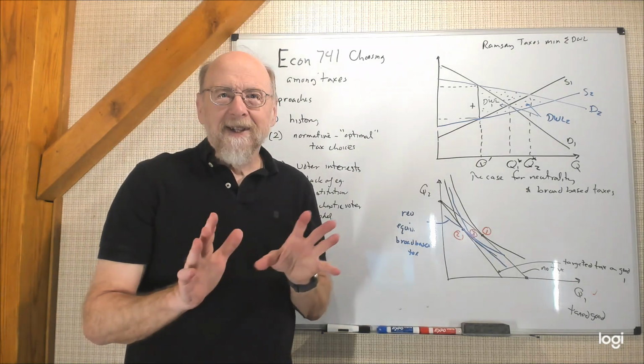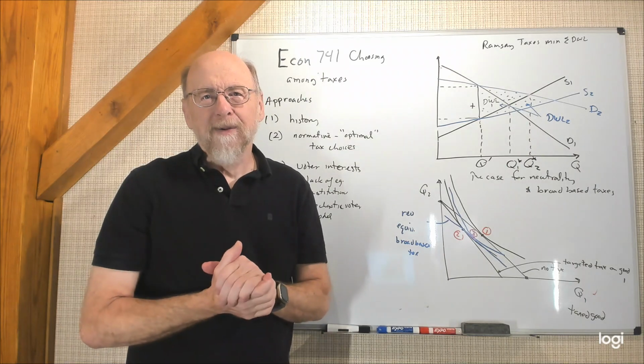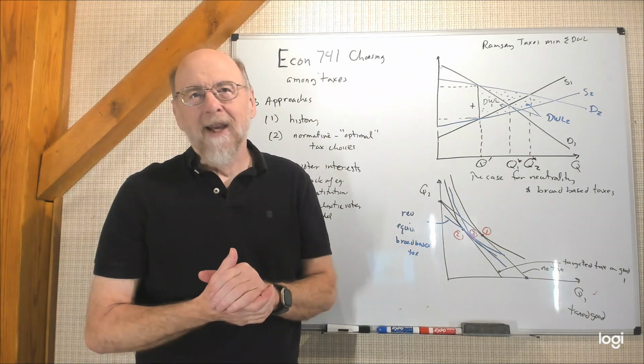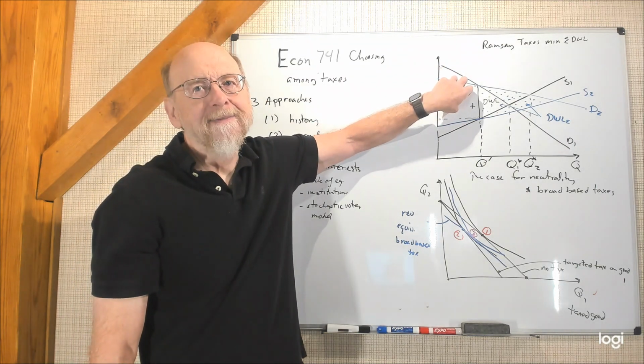I've constructed the diagram so that the same excise tax imposed on either market generates exactly the same revenue, namely T times Q prime, which is the area of this rectangle.